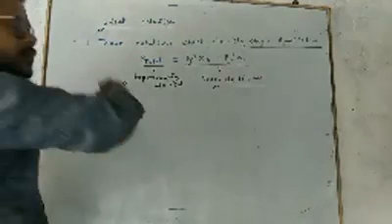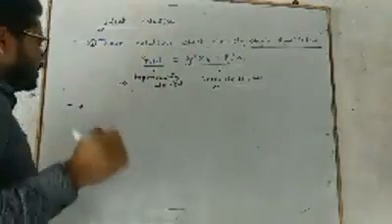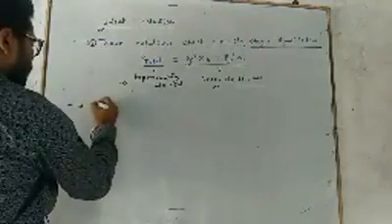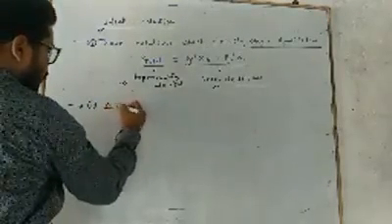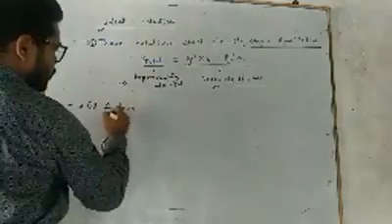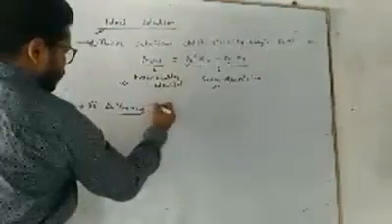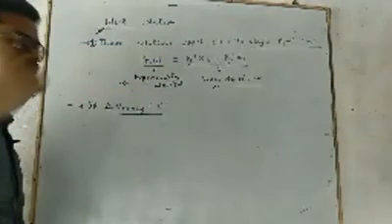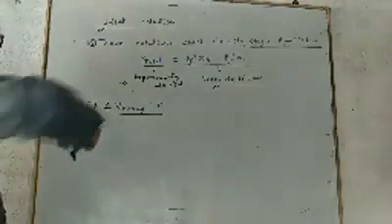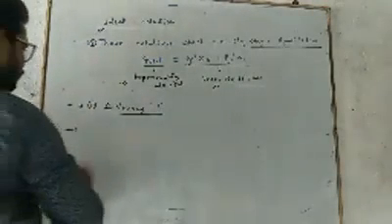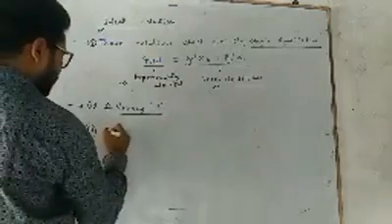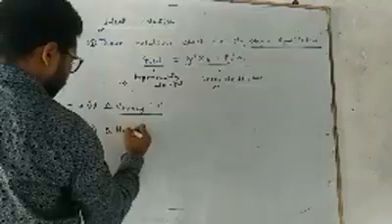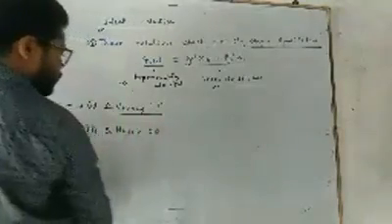Second point I told you: to be an ideal solution, delta V mixing should be equal to 0. Getting this? I told you delta H mixing is equal to 0.